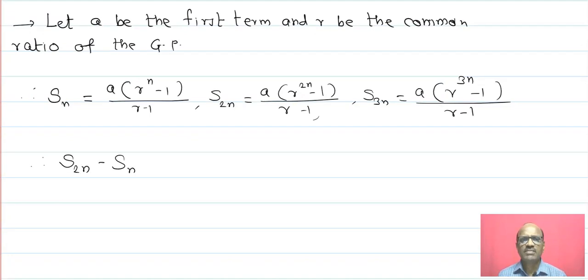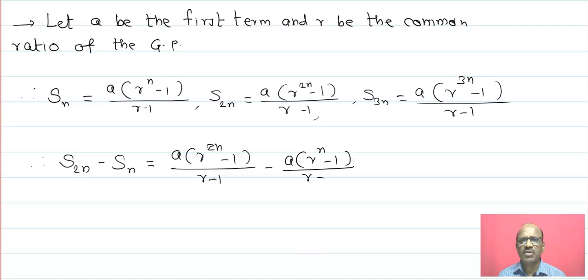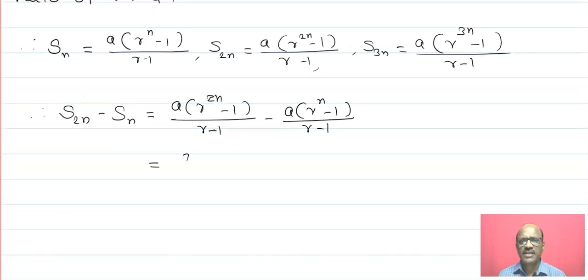Therefore, S2n minus Sn is equal to A in bracket r raised to 2n minus 1 upon r minus 1 minus A into r raised to n minus 1 upon r minus 1. From these two terms, take the A upon r minus 1 as common. Then in bracket you will get r raised to 2n minus 1 minus r raised to n plus 1.